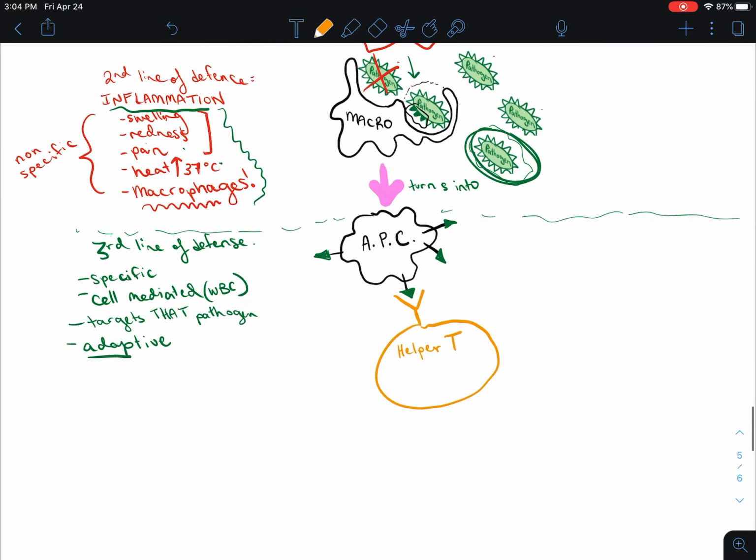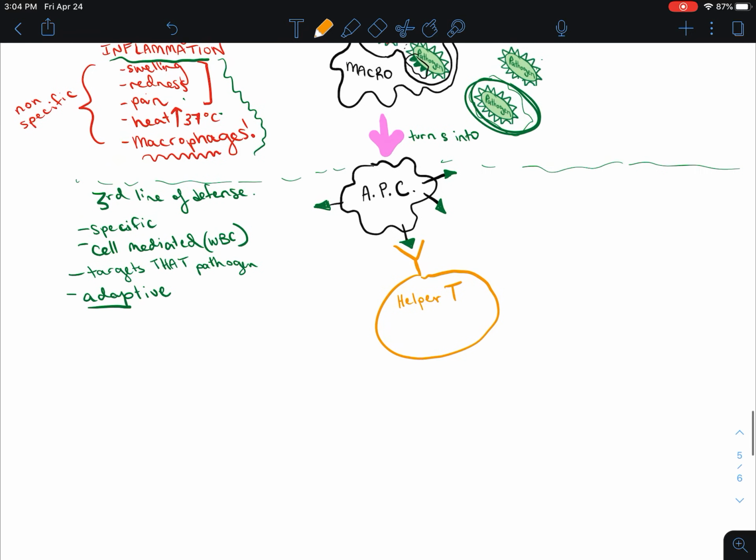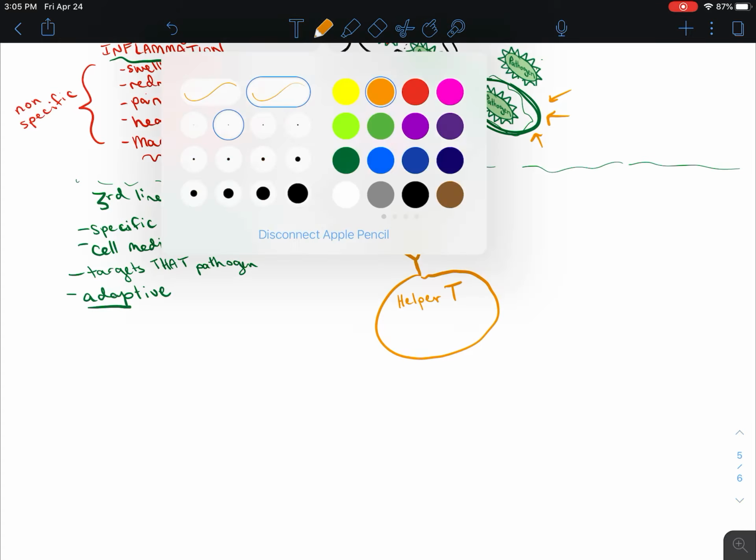Okay, and the helper T cell is going to help the rest of the immune system to learn about that specific pathogen. It's the only one that really has to interact with the antigen presenting cell, but it can tell everyone all of the information about that pathogen.